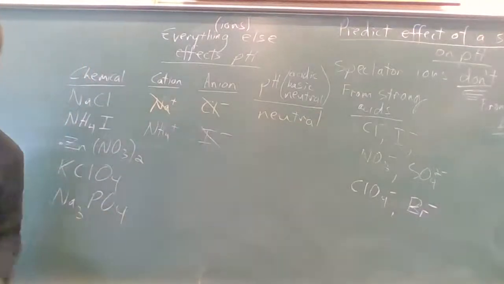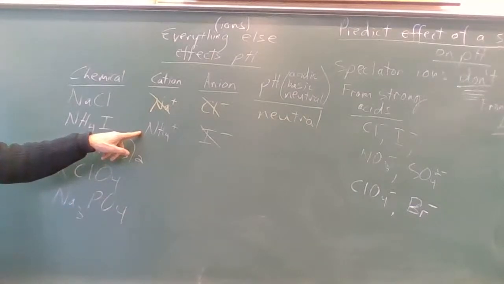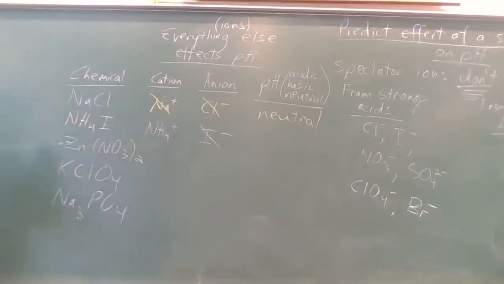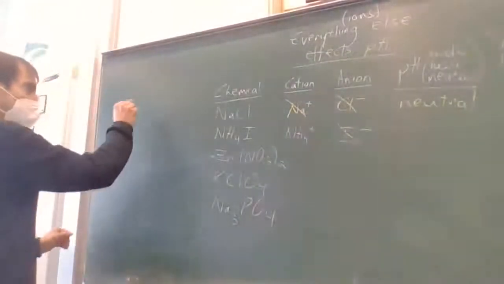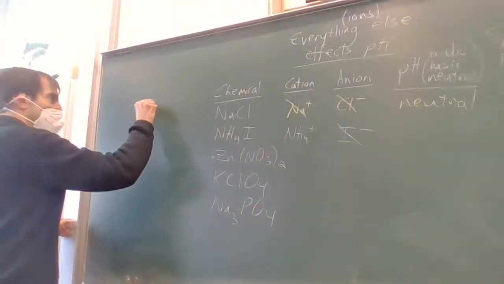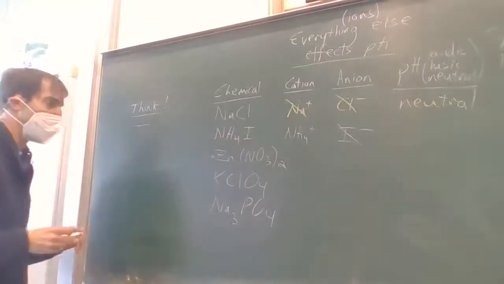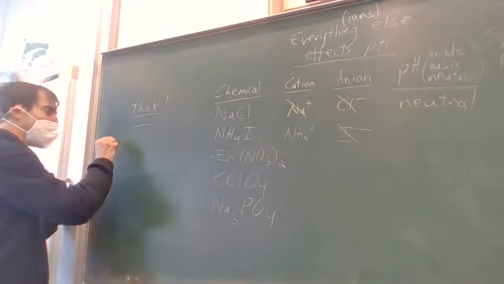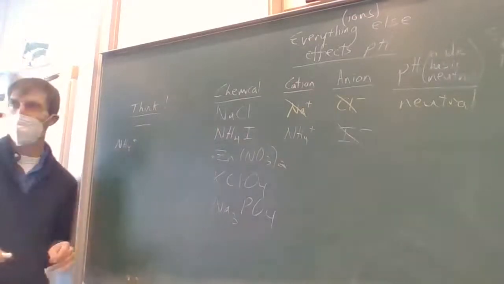Ah, this one, my people, will do something, won't it? Let's do a little column over here. Okay, this one did nothing. For this one, I've got NH4+. And now what is it going to do?